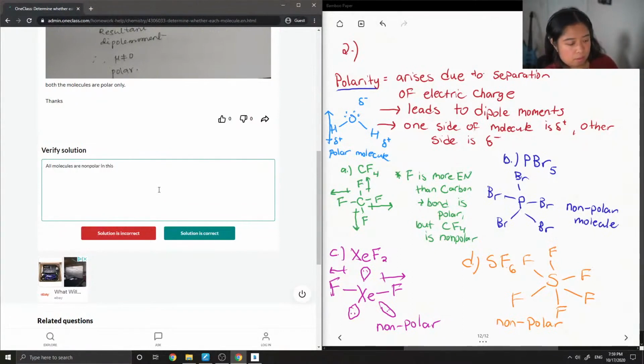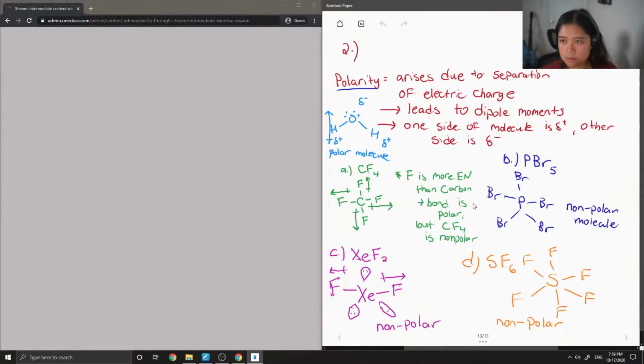In this question, all molecules are nonpolar. The theory in the solution is correct only. Okay, so the solution is incorrect.